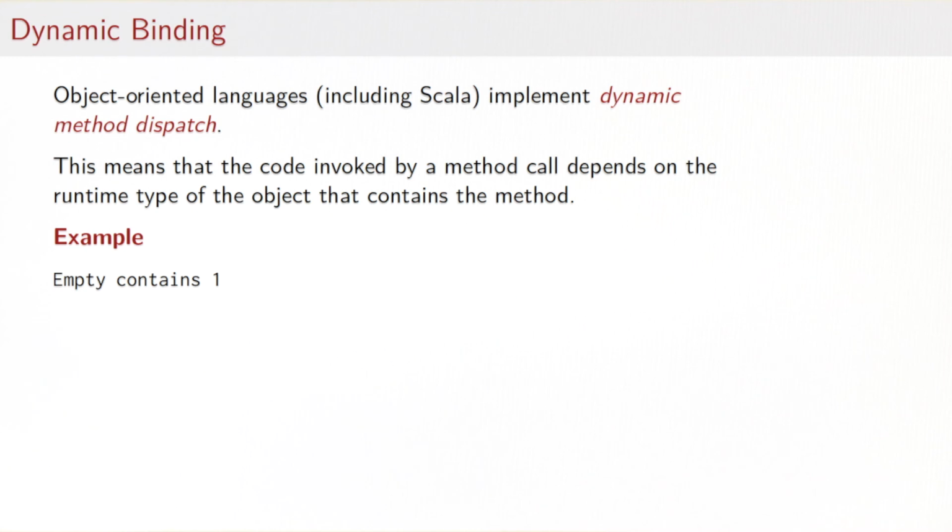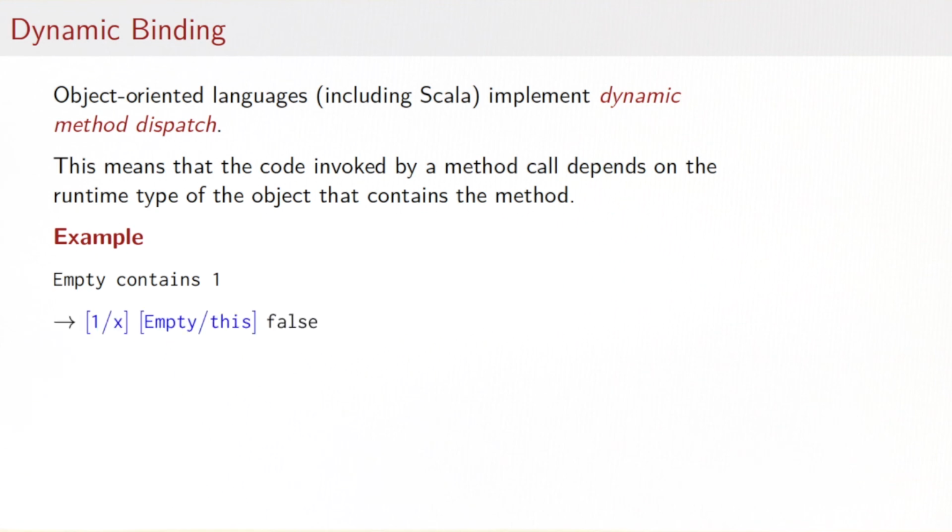What object-oriented languages do in this case, Scala included, is to use the dynamic method dispatch model. That means that the code that's invoked by a method call depends on the runtime type of the object that contains the method. I believe that's best shown in an example. So let's say you have the code empty contains 1. What do we do?